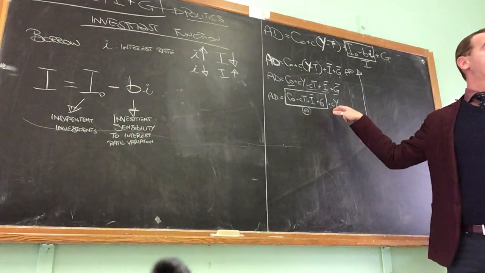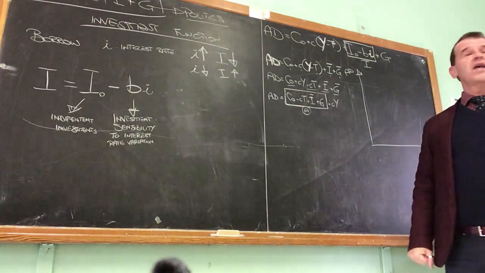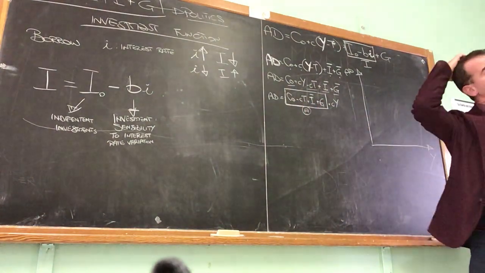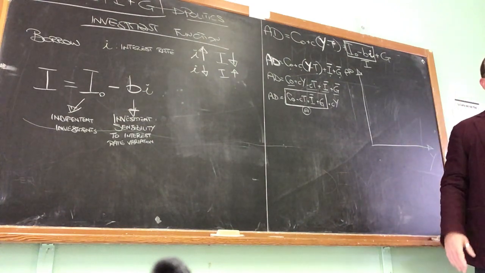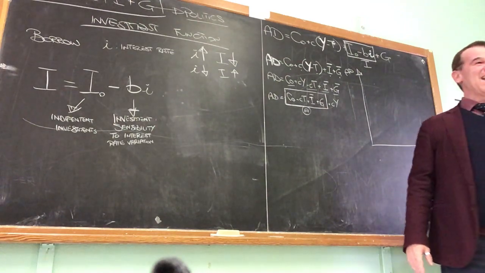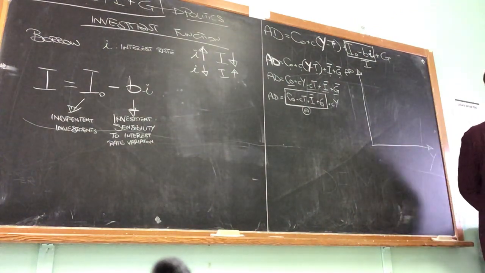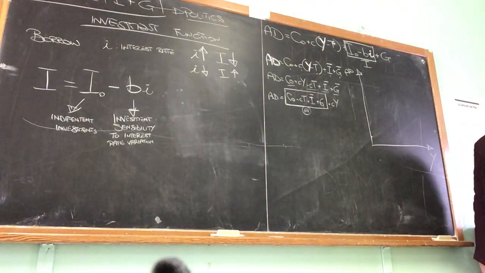This will be 0 point something multiplied by y. So the graphic representation of this function, what will it be? A hyperbole? A straight line, correct? And what will be the intercept, the q?